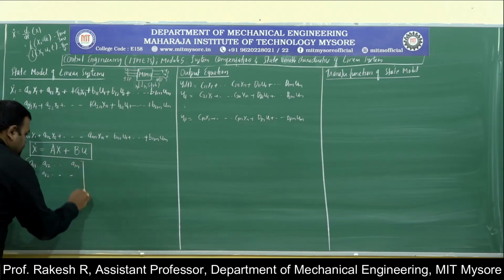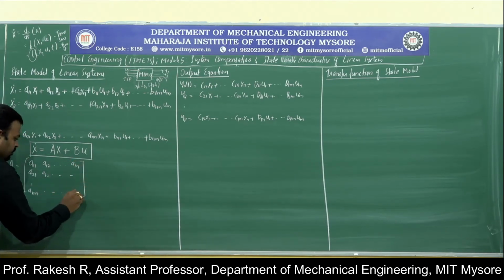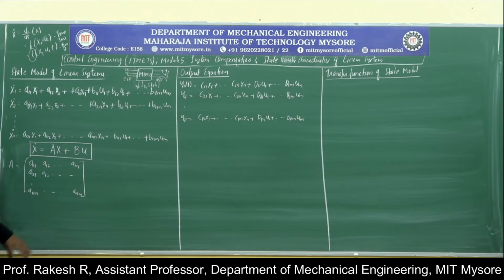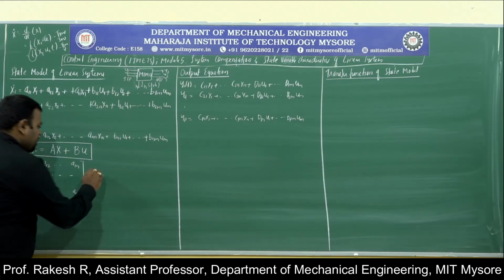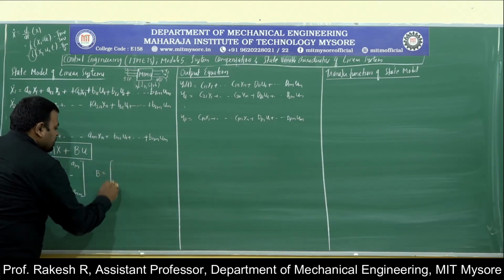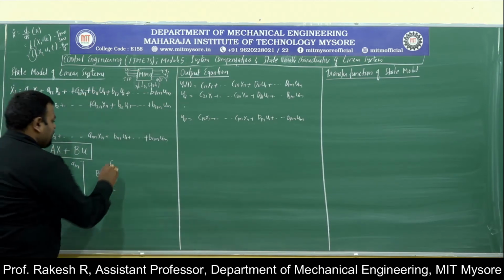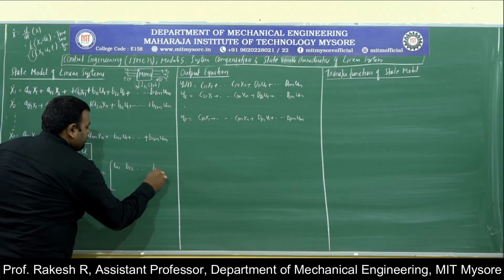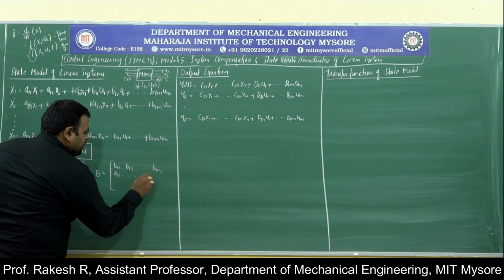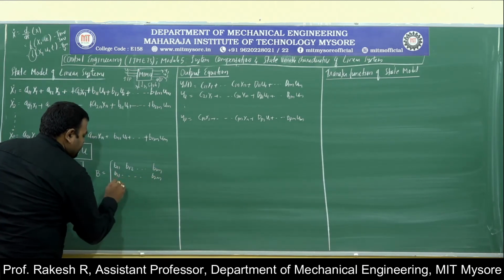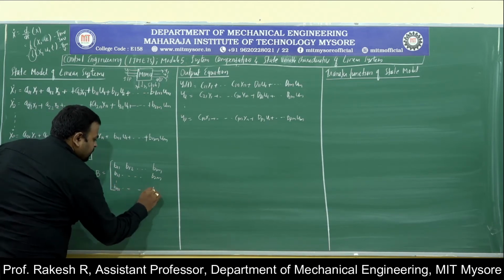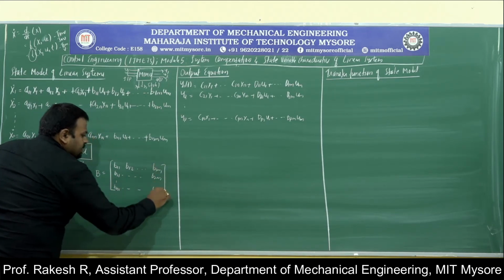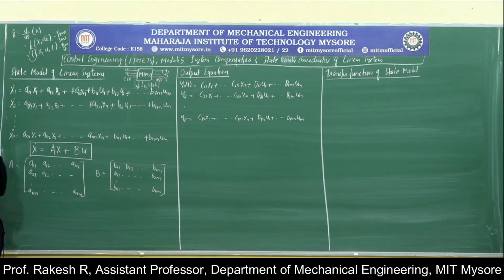So A is a matrix. B is also a matrix, which consists of b11, b12 up to b1m, b21 up to b2m, bn1 up to bnm. These are square matrices where x is a vector.